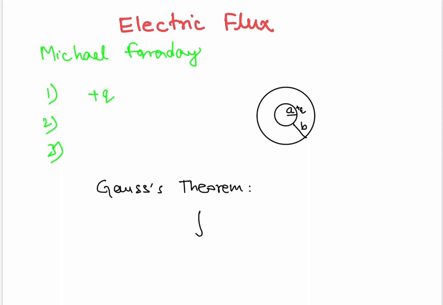That is, surface integral E dot ds is equal to 1 by epsilon naught times q.